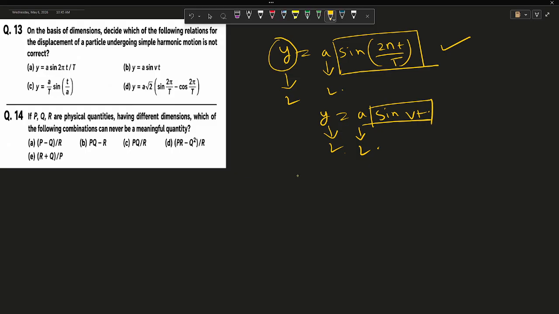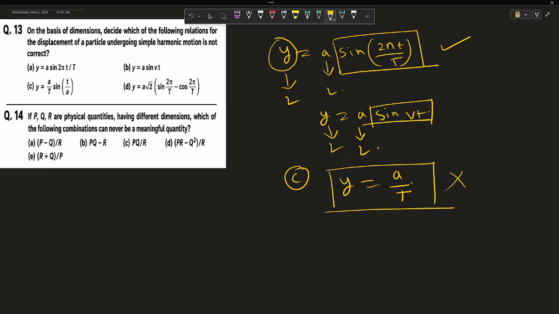Now if we check option C, y equals a by t, but we know that a has the dimension of length, and y has the dimension of length, so it is not possible. And if we check the last option, y equals a root 2 times sine plus cos.